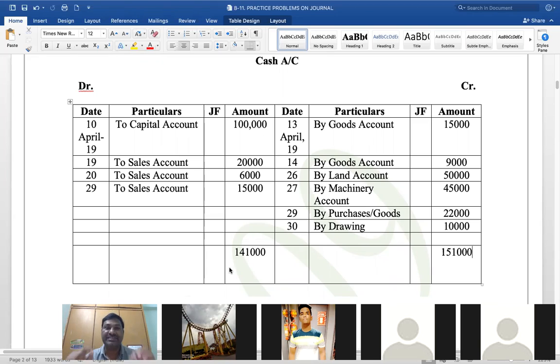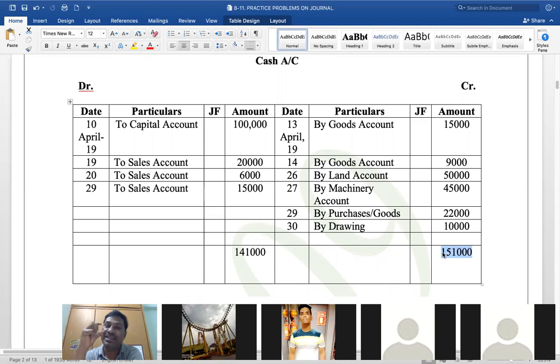Because the cash account will never show a credit balance. The credit side is in excess of 10,000: the debit side is only 1,41,000 and the credit side is 1,51,000. There's a 10,000 shortage on the debit side.